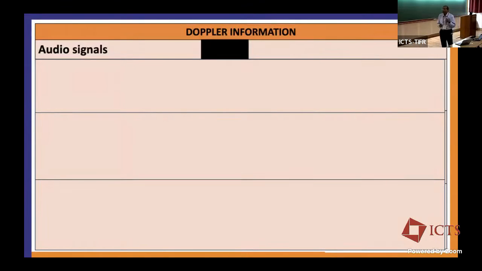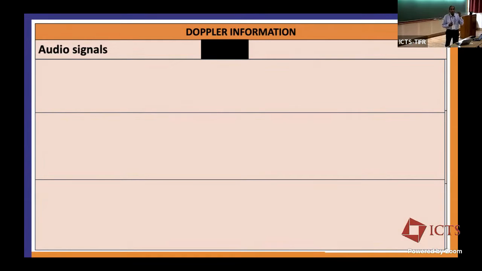Now, let's look at Doppler. Doppler is a very important development in the field of ultrasound. Essentially, it's a simple concept: received frequency minus transmitted frequency is the Doppler shift. And the Doppler shift is converted into audio signals.